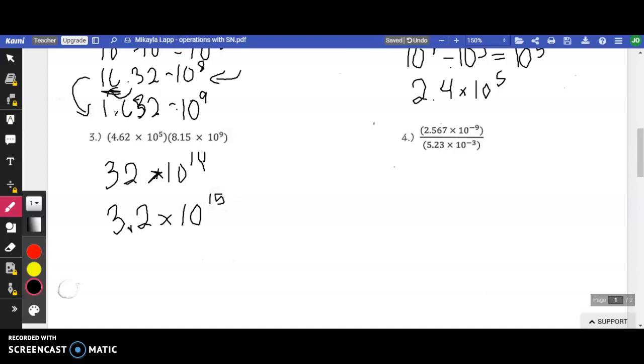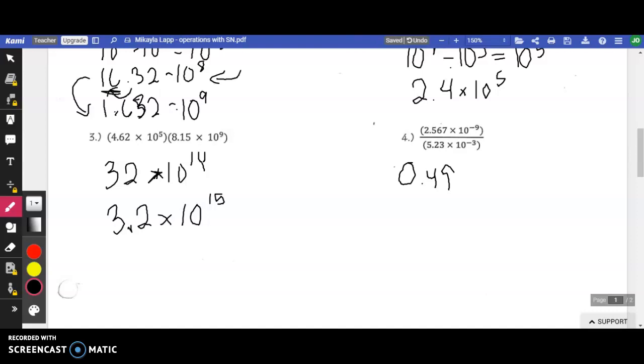Okay? And then, again, for this one, I won't cheat completely, I might as well do it. 2.56 567 divided by 5.23, and we get, oh my goodness, 0.49082218, whatever, it doesn't matter. We're going to do 0.49, and then 10 to the negative 9th divided by 10 to the negative 3rd.